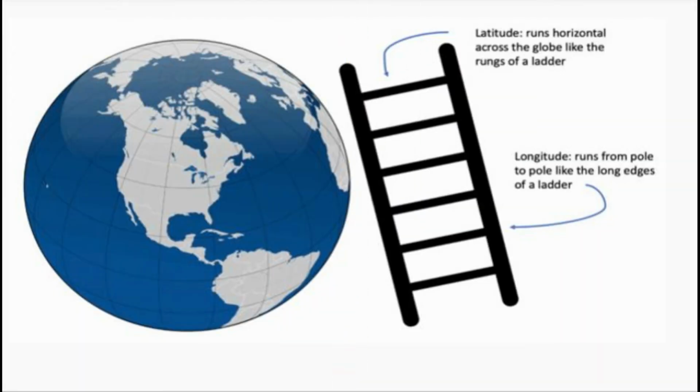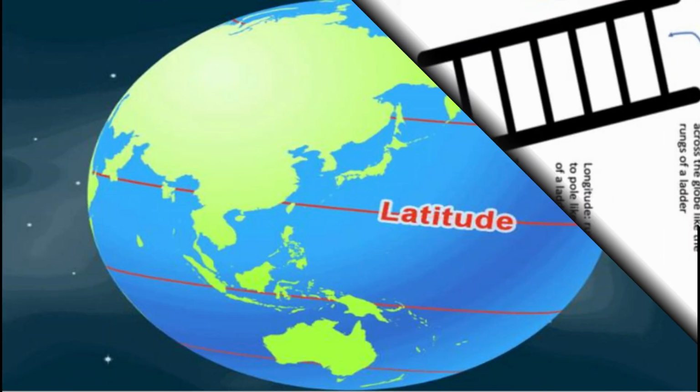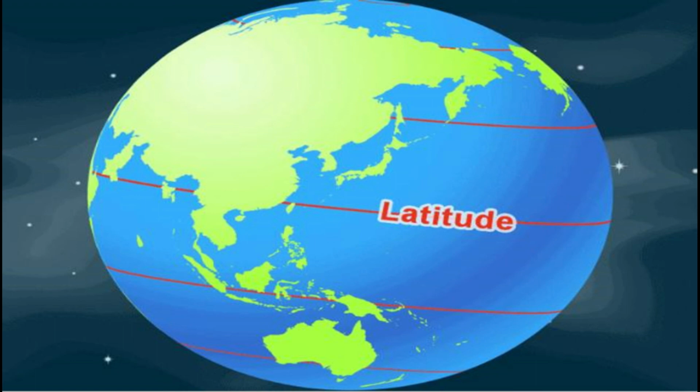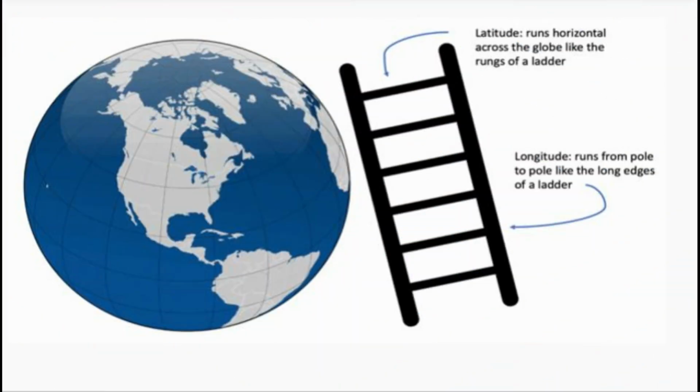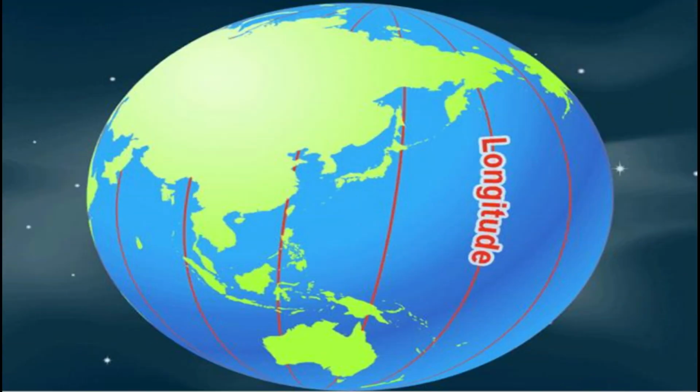To remember, think the rungs of a ladder, which sounds somewhat similar to latitude, run across connecting the two longer pieces. As rungs go across a ladder, so do lines of latitude.